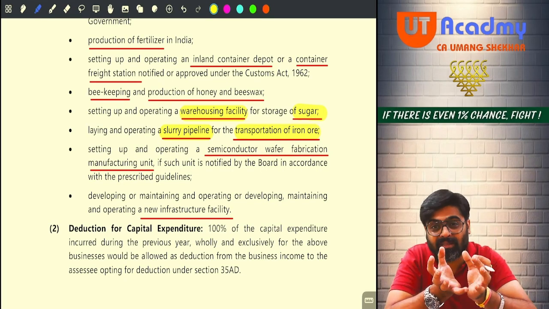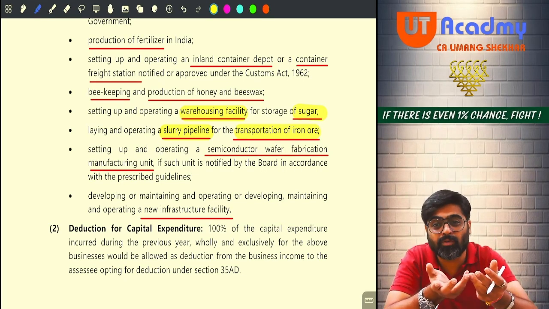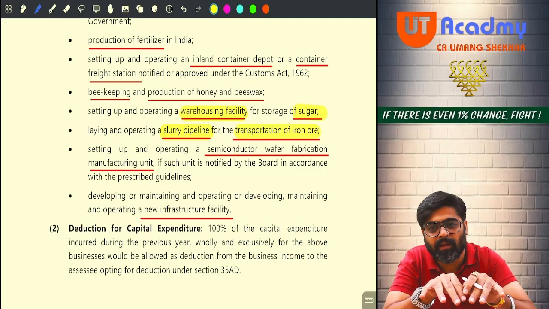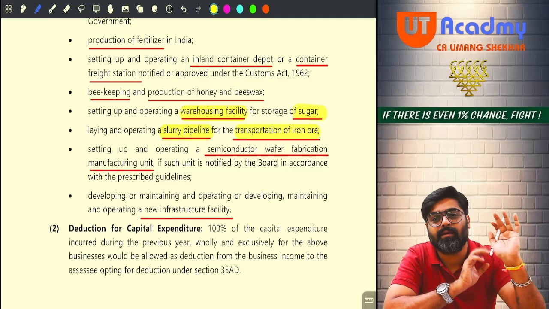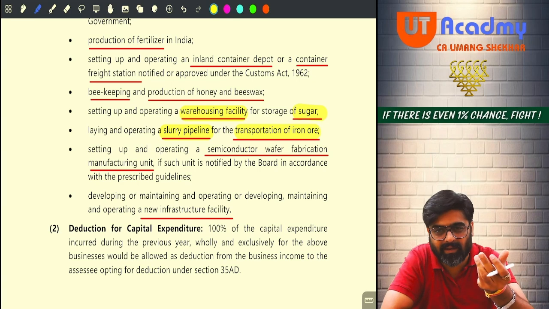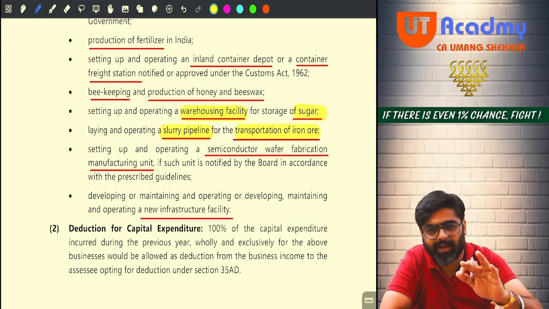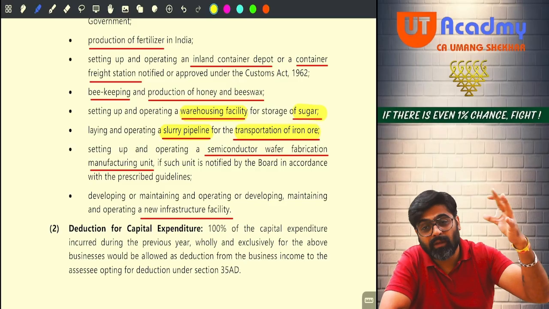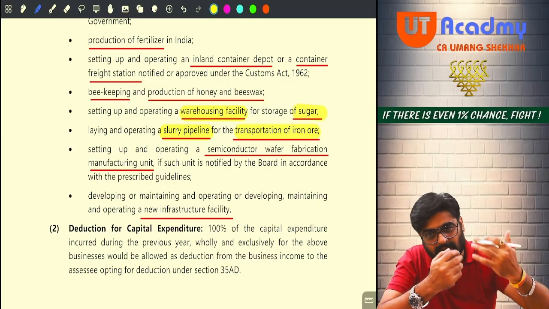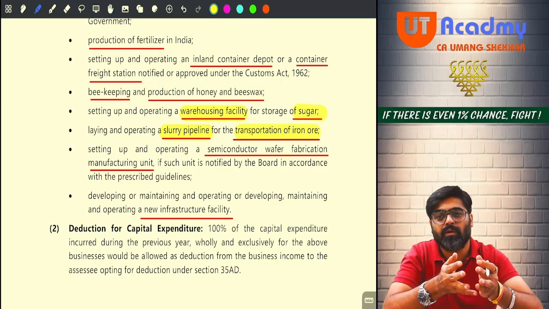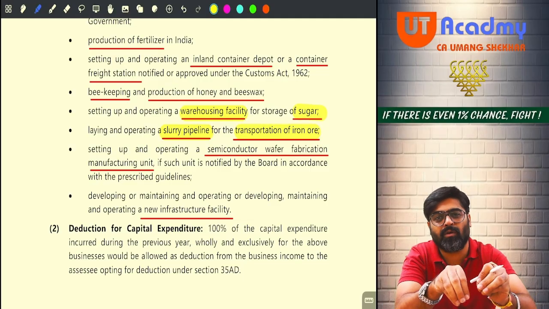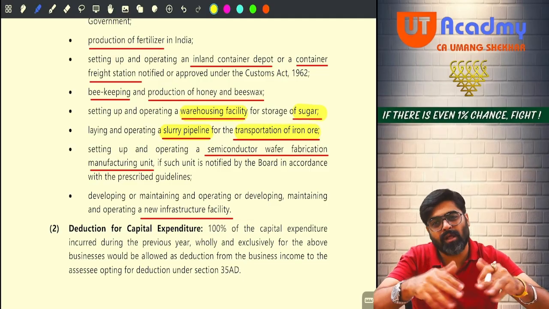Mud is a little bit thick. Slurry is mud only, but thinner, just like a liquid. This liquid is nothing but soil containing iron ore, with water mixed. Slurry is made.